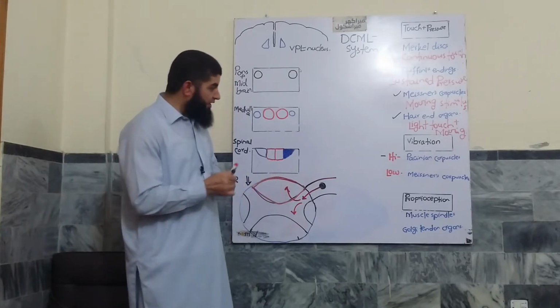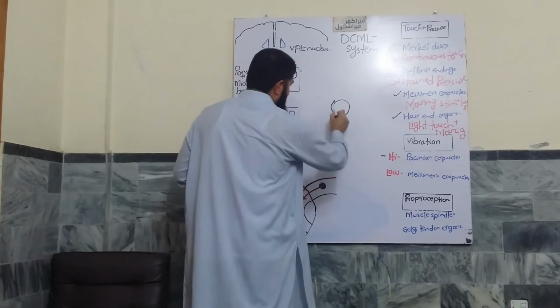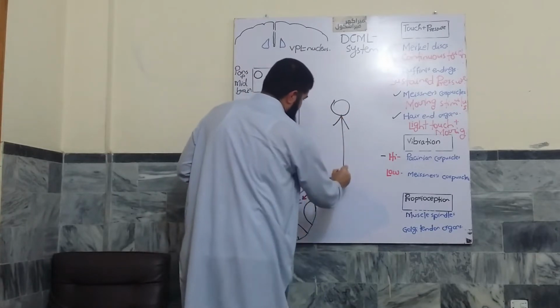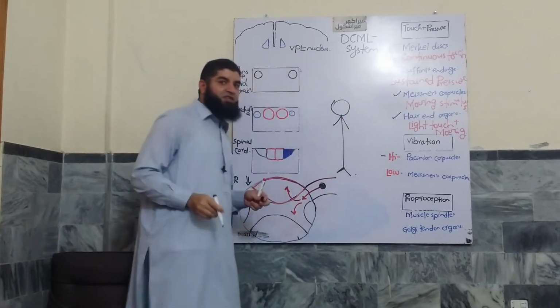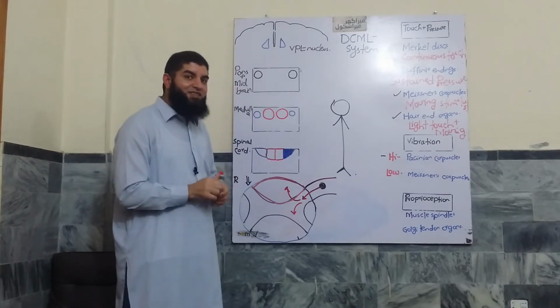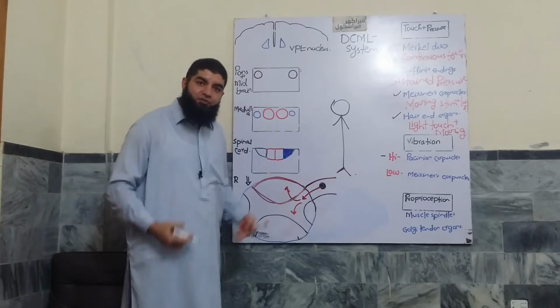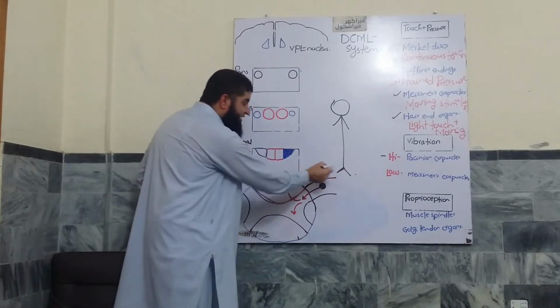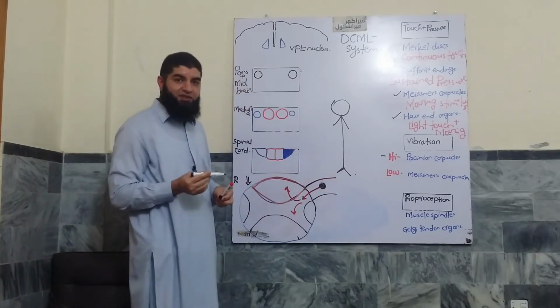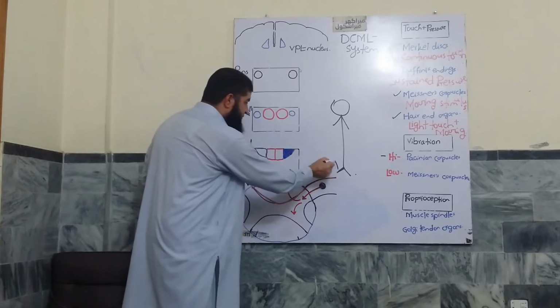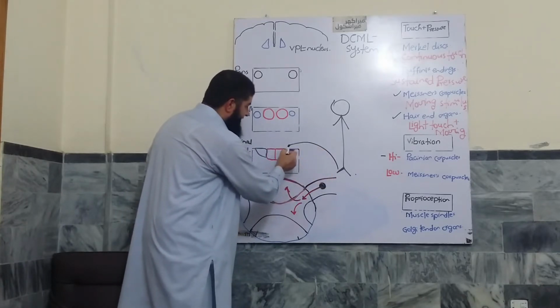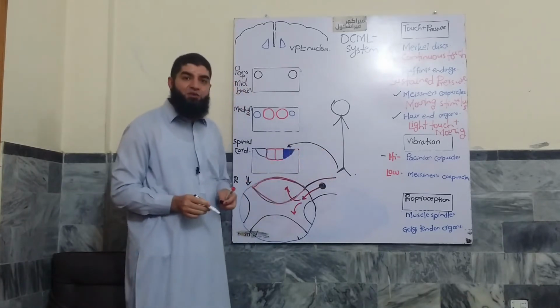However, if we draw a diagram here, a gentleman, the sensory input from the lower parts of the body, from the limbs, will enter the spinal cord at the level of the lumbar spinal cord and will reside in this area we call fasciculus gracilis.